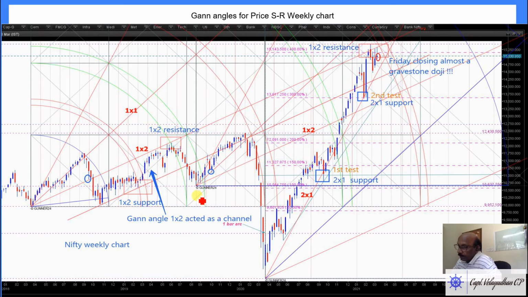So this move also was not that strong, but it remained above one by one. So this move was much stronger than this move and this move, because in this move price remained above one by one. In this move also price was holding within the one by one. So what we see from here is the initial momentum. It couldn't sustain.